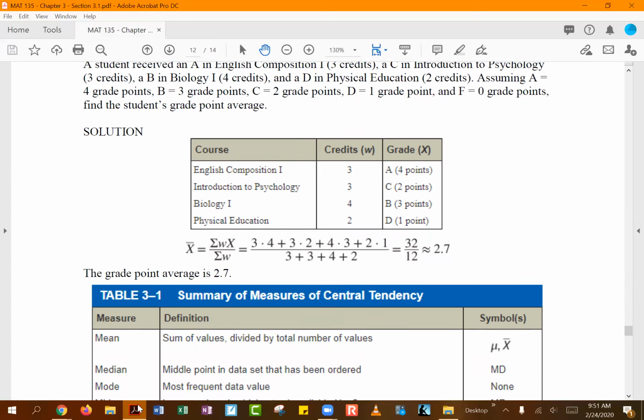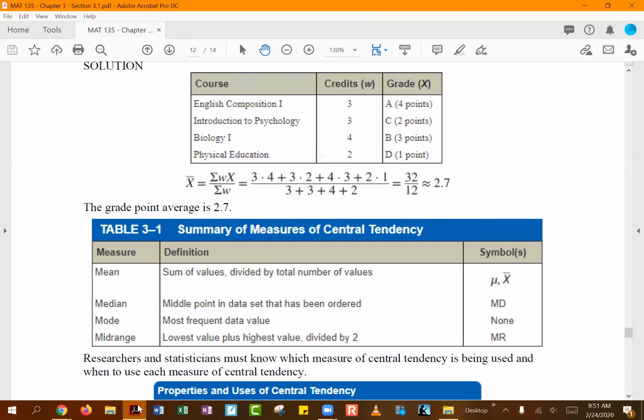Based on their grade, we assign those points, right? And then taking your number of credit hours with the points, multiply them, and then divide by your total number of credits they took, okay?